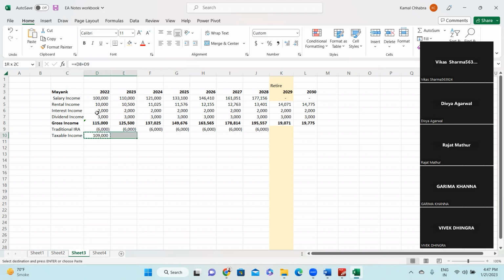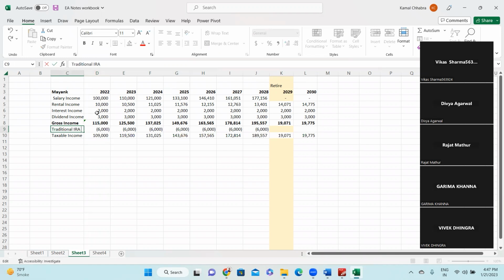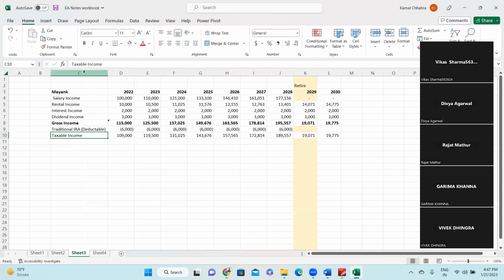This is the taxable income, so this is your deductible traditional IRA. So while you're earning, you choose a deductible IRA, and now let's assume you retire at age 60. At this age, you got retired and you withdraw.